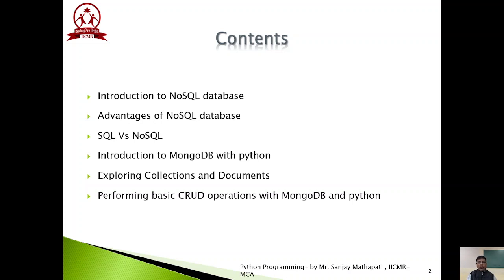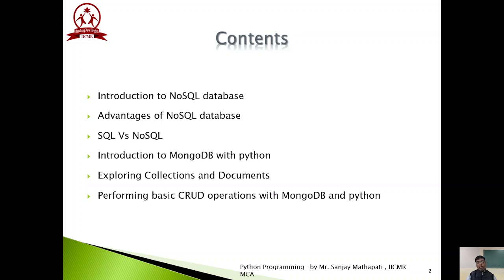After that, one specific NoSQL database that we are going to deal with is MongoDB with Python. We will first go through what exactly MongoDB is, the concepts and the features of MongoDB. Later on we will explore more detailed features like collections, documents, and CRUD operations like create, read, update, delete with MongoDB.